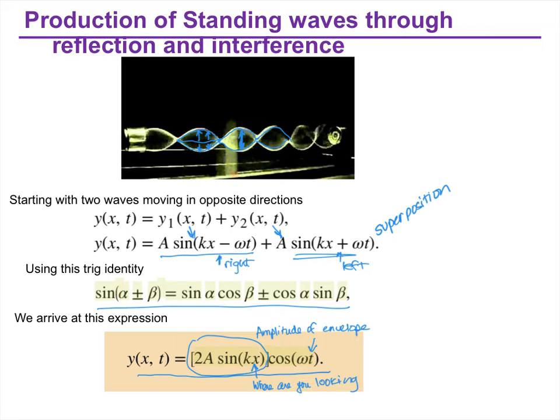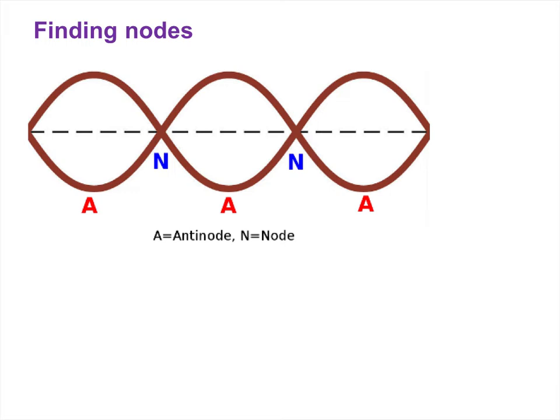Now, we can do more with that, but let's note here was the amplitude of the original wave. Another picture. So when we look at the standing waves, first of all, there are places where we have what we call antinodes. This is the antinode, and this is the node.